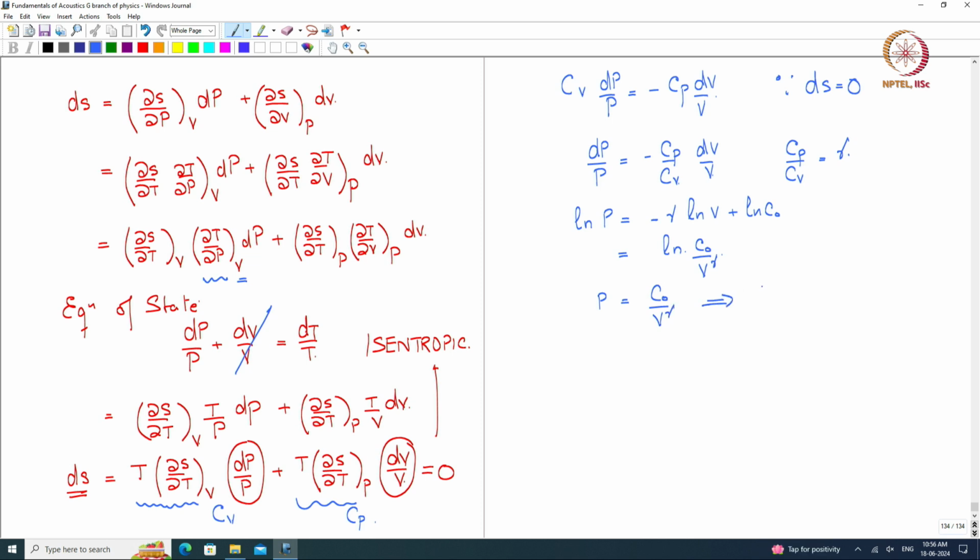That implies P V to the power gamma is a constant C0. This is the isentropic process.